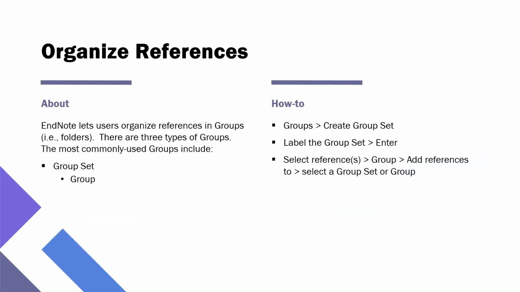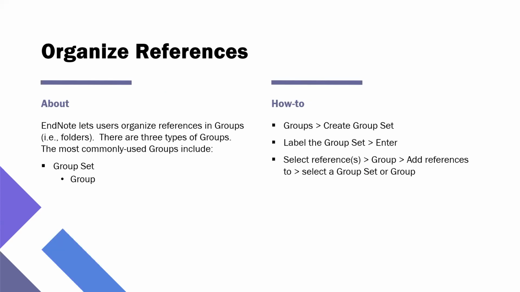So EndNote lets you organize references into groups, which are really just folders. They just call them groups. There are 3 types of groups. The most commonly used, though, are group set and group. There's something called a smart group, but that's more advanced, and I do cover that in the EndNote Level Up course.